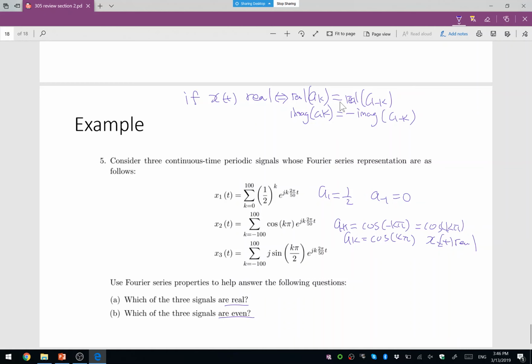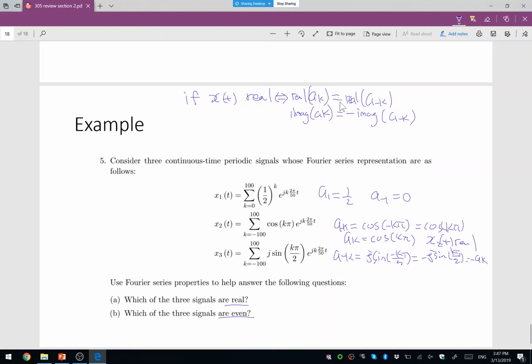And the third one: a_minus_k equals j sine of minus k pi over 2, which equals minus j sine of k pi over 2, which equals minus a_k.